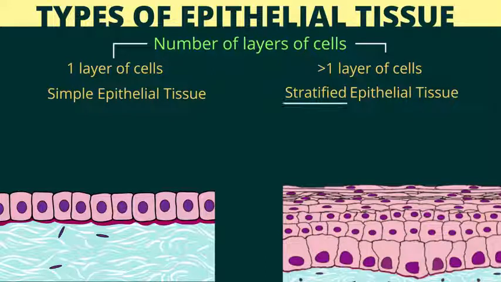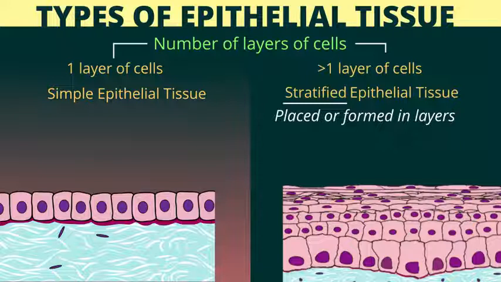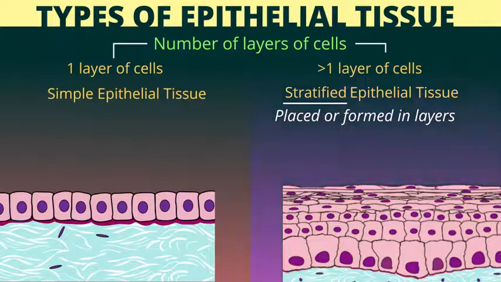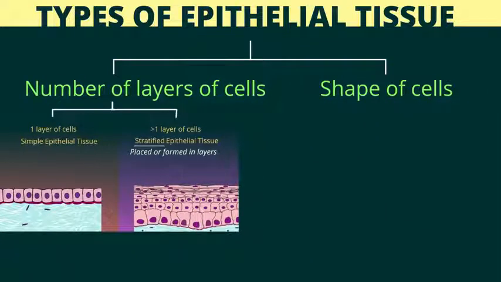Here the word stratify means to be placed or formed in layers. So is it easy? A single layer means simple epithelial tissue, whereas many layers of cells is a stratified epithelial tissue.